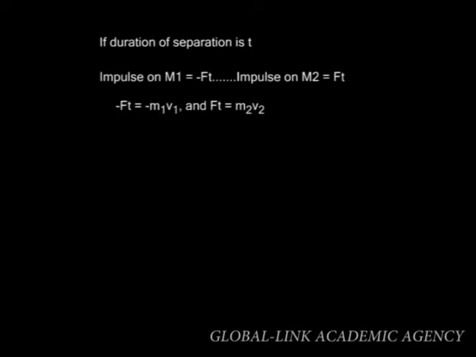Adding the two, plus Ft plus minus Ft is equal to minus m1v1 plus m2v2. The Ft's disappear and we have m2v2 plus minus m1v1 is equal to 0, and therefore m2v2 is equal to m1v1. Therefore, momentum before interaction equals the momentum after interaction.